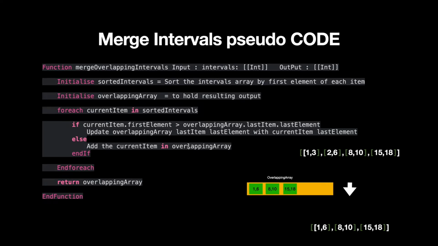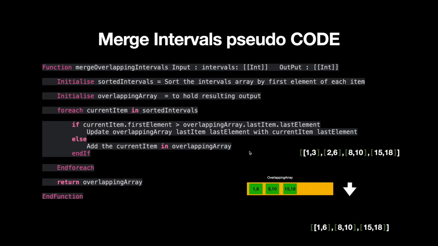So 1, 3 was already there, and for 2, 6, we check if the first element in the current item, 2, is less than the overlapping array's last item's last element, 3. If it is less than that, it means it is overlapping, not greater than, guys. I've written it wrong. So it is less than.